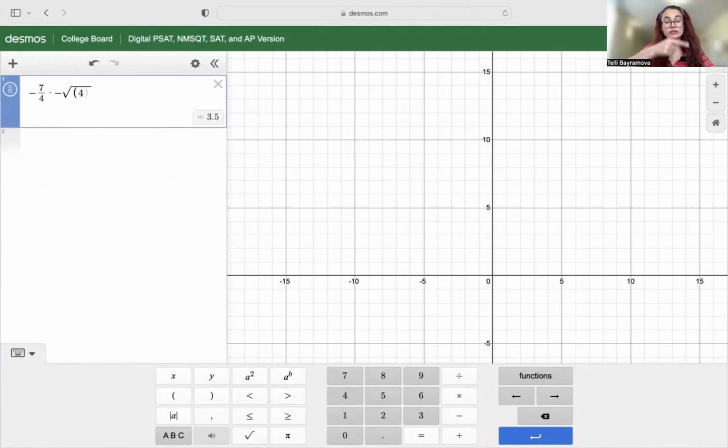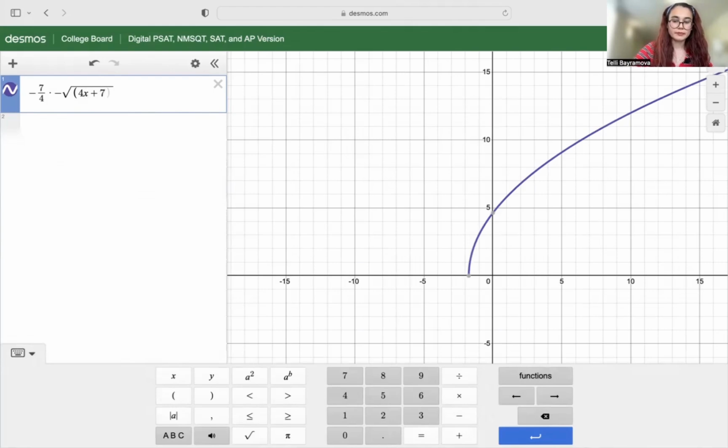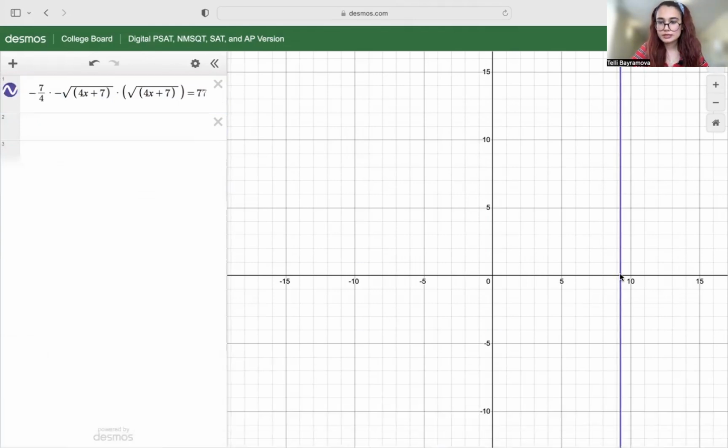Or let's write x instead of k, because the decimals will not understand what k is. So multiply it by, again, the same thing, equals 77. So the answer is in here.